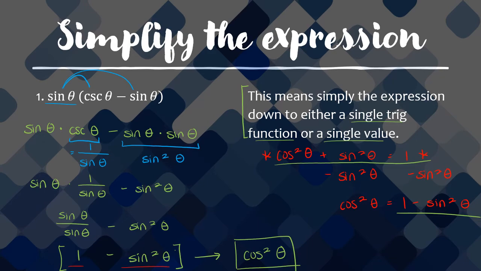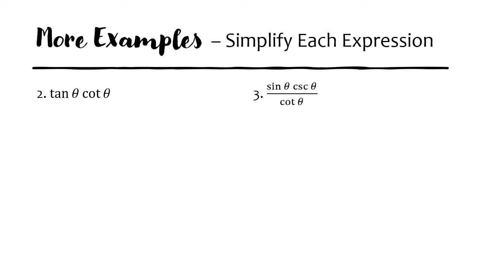Okay, let's look at a few more examples. That's what this whole video is going to be, just looking through a few more examples. Okay, number 2, tangent times cotangent. Well, cotangent is involved in another of our reciprocal identities. We have an identity saying cotangent is equal to 1 over tangent.